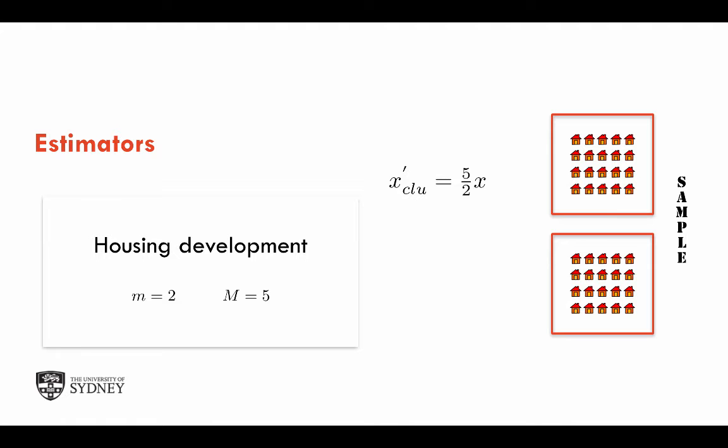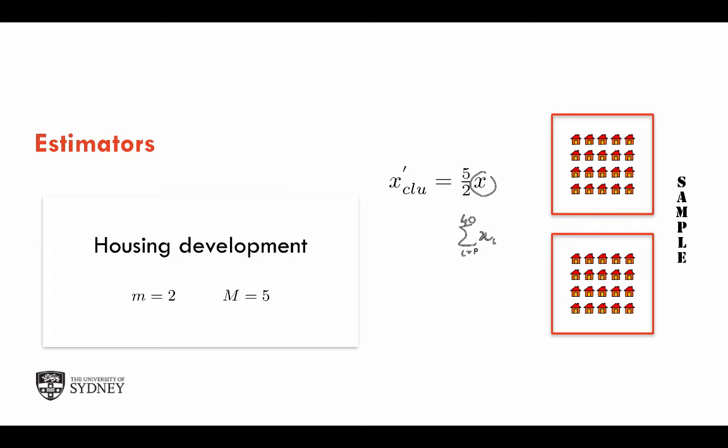If you recall, in the notation, this x represents the sum of the variable in the sample. So I'm basically summing all the values for the variable in the sample, and each one of these x is associated with one house. So I'm summing over 40 houses.